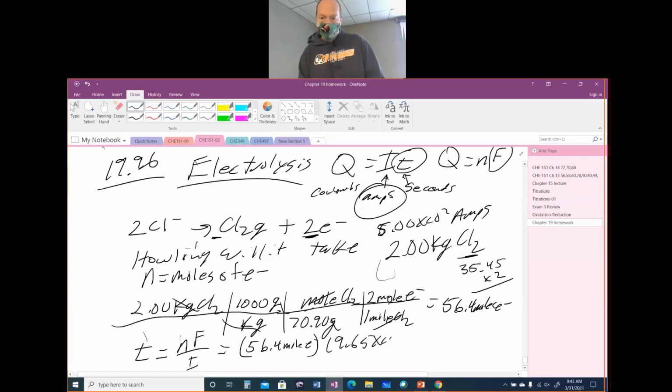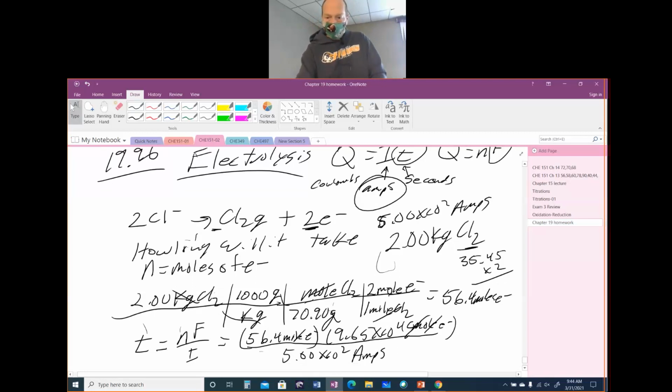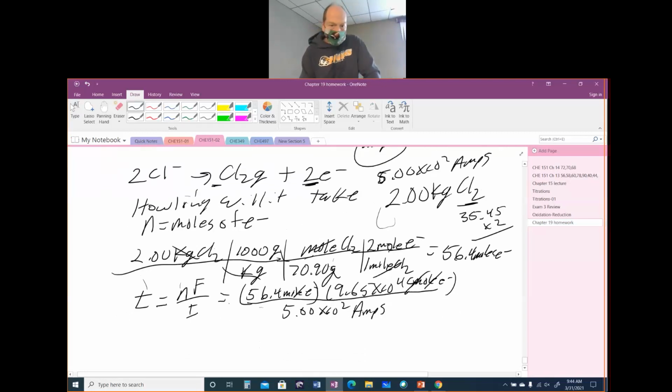Times 9.65 times 10 to the 4th coulombs per mole of electrons, so moles of electrons cancel. Divided by 5.00 times 10 to the 2nd amps. All right, and a coulomb per amp is a second.